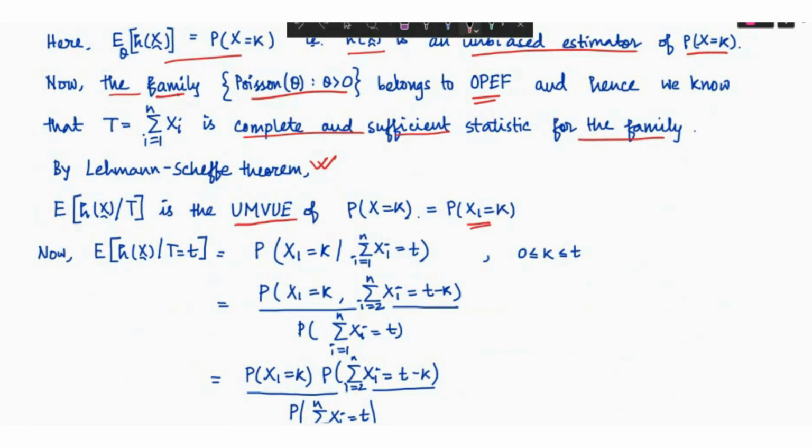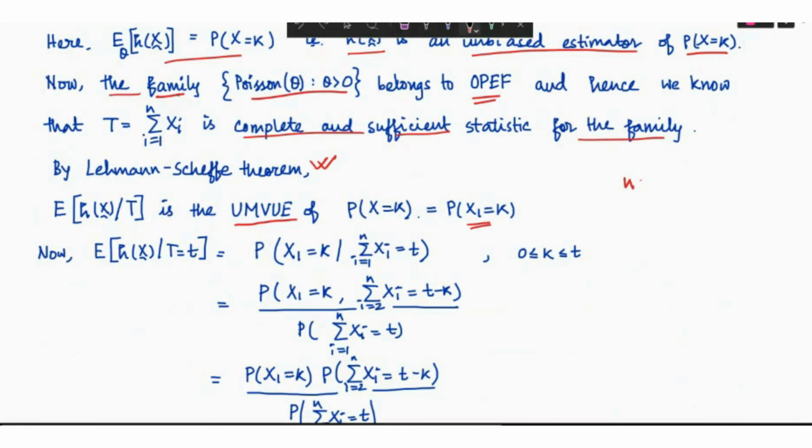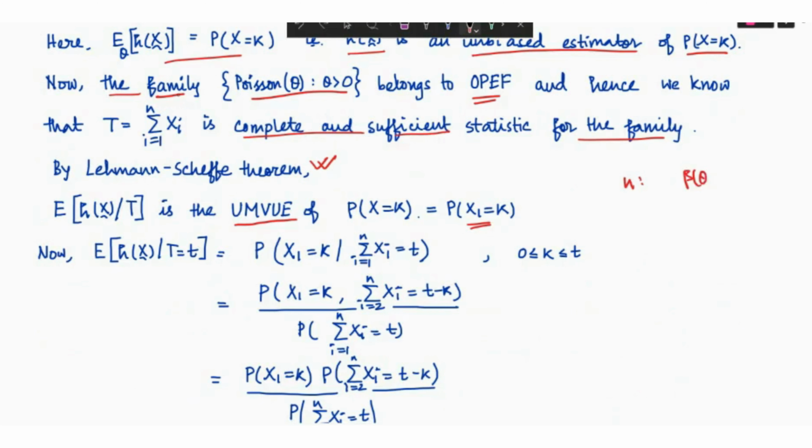So what the Lehmann-Scheffe theorem tells us, the basic idea is, say H is an unbiased estimator of a parametric function, say beta theta. Then H given T will be the UMVUE of beta theta, because T is complete and sufficient.